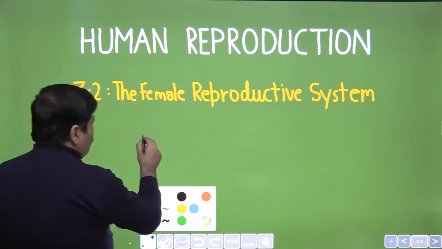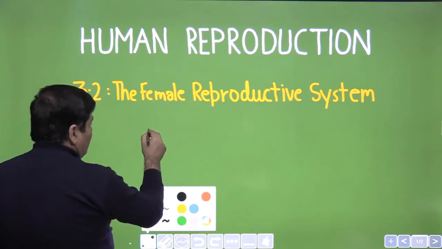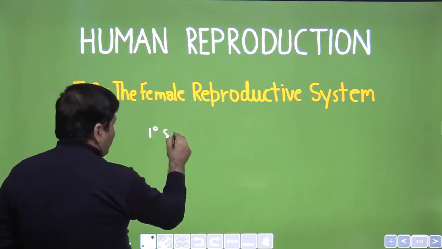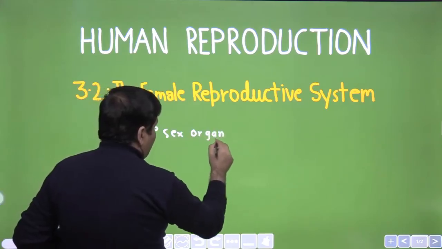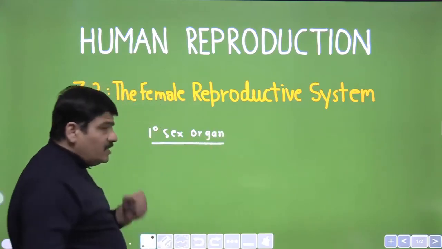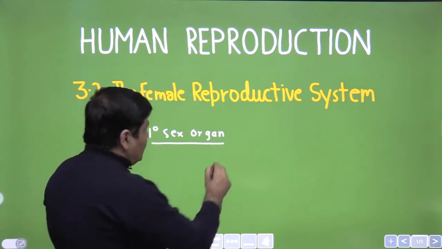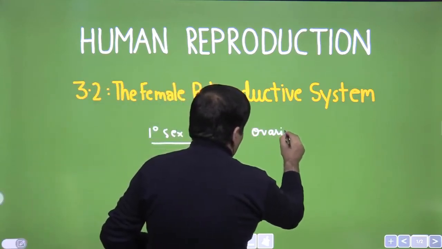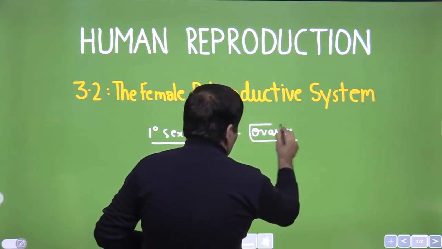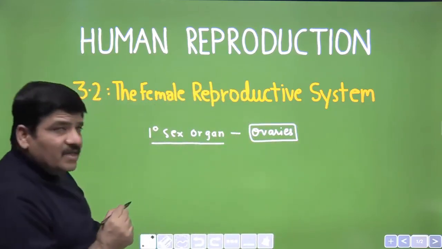The first question that would come to mind is, is there a primary sex organ in females as well? If you remember, the males had a primary sex organ, that was testes, and this primary sex organ in females would be ovaries. So there is a pair of them, ovaries. And why are they called the primary sex organ?